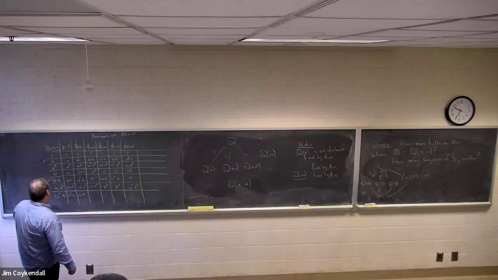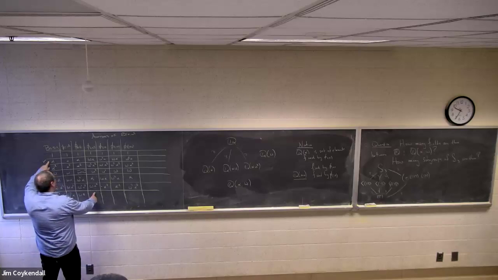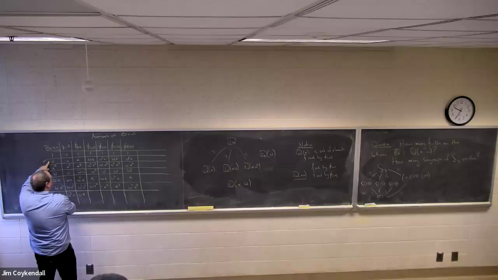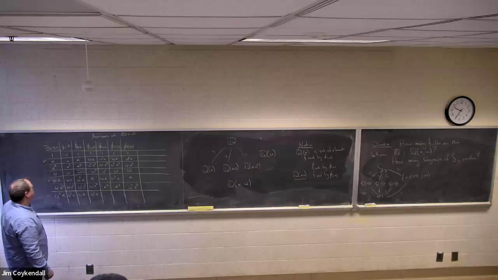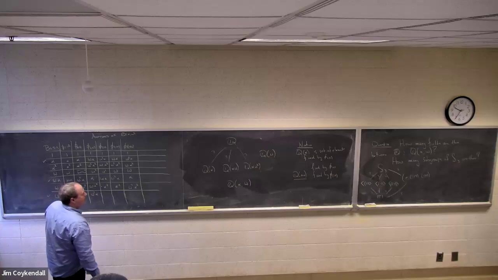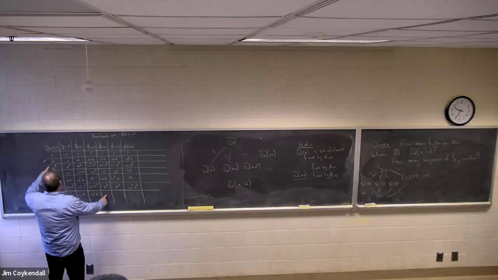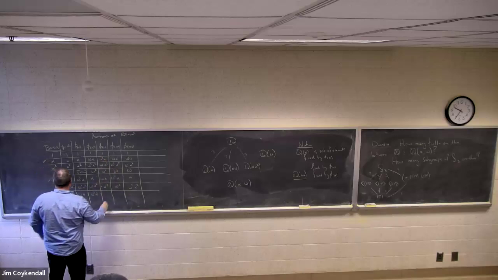What happens to omega squared alpha here? Well, alpha goes to omega alpha, and omega goes to omega squared, so this goes to omega times omega alpha, so this is omega squared alpha. So that leaves omega squared alpha alone. What happens with 1,3? Alpha goes to omega squared alpha, and omega squared goes to omega, so this goes to alpha.